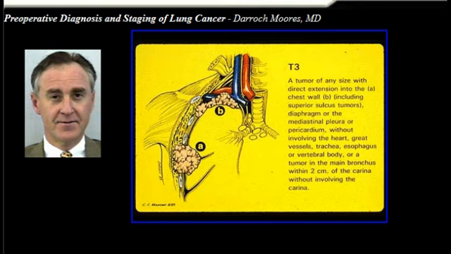A T3 tumor is a tumor with direct extension outside the lung parenchyma into the parietal pleura of the chest wall, including the superior sulcus, the diaphragm, the mediastinal pleura, but without invasion deep into the mediastinal structures. T3 tumors are also tumors within a main bronchus, within 2 centimeters of the carina, but without involvement of the carina. These tumors are potentially surgically resectable.